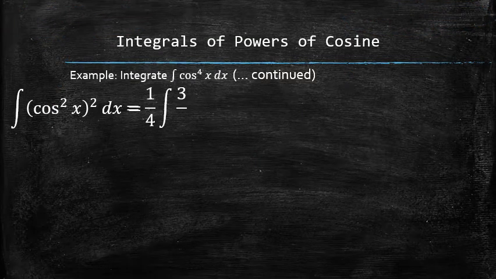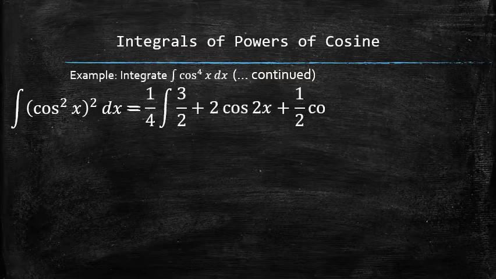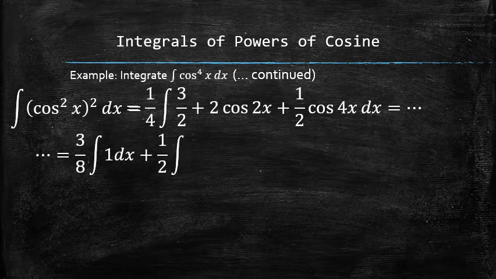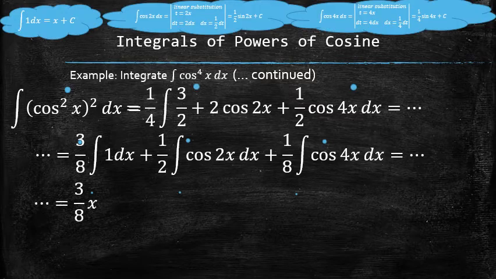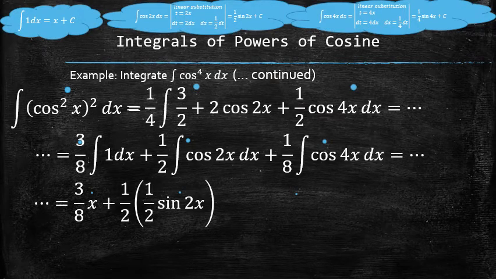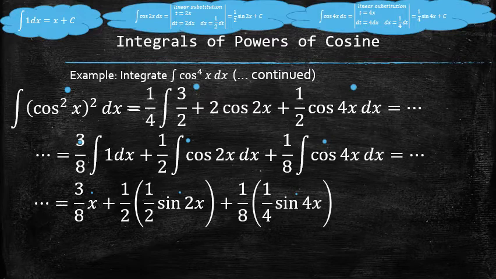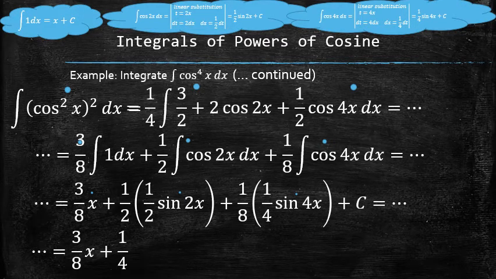We combine the like terms in the integrand, and using the linearity properties of integrals, we split the integral into 3 simpler integrals, which we find using well-practiced techniques. We simplified the expression to obtain the final answer.